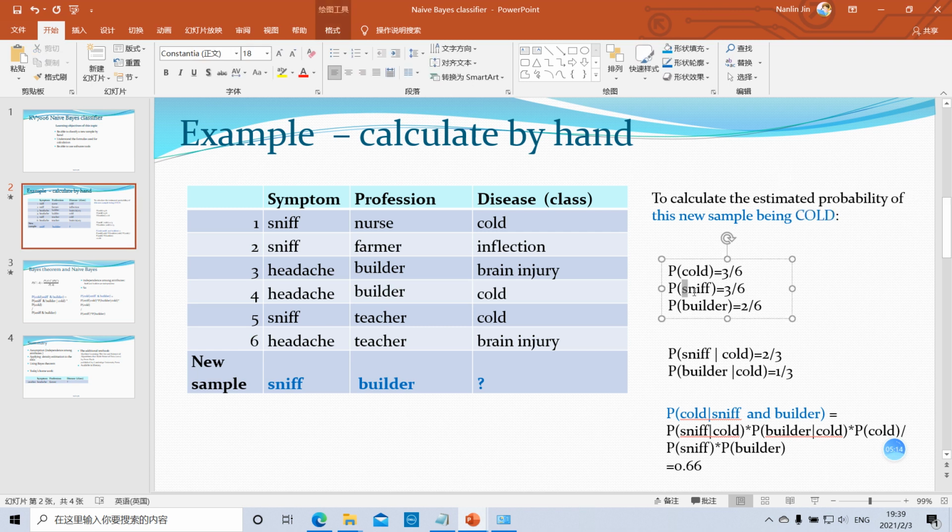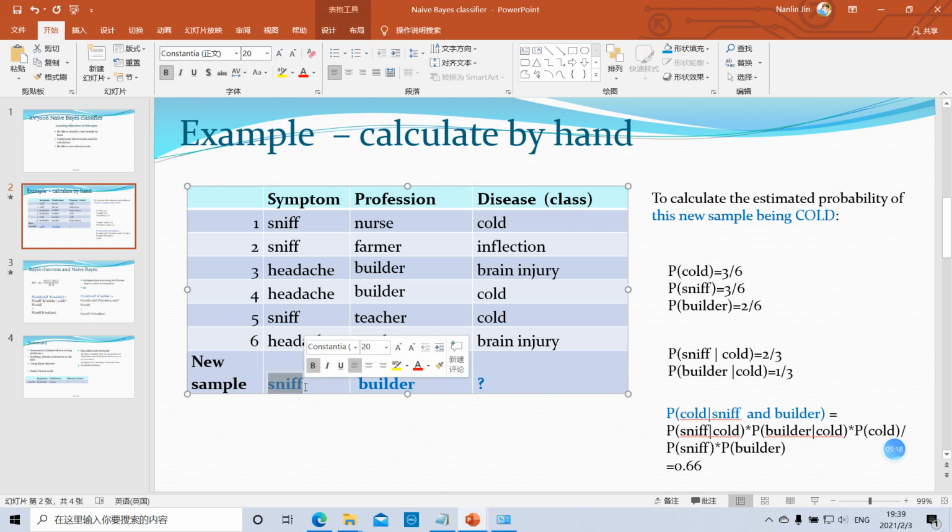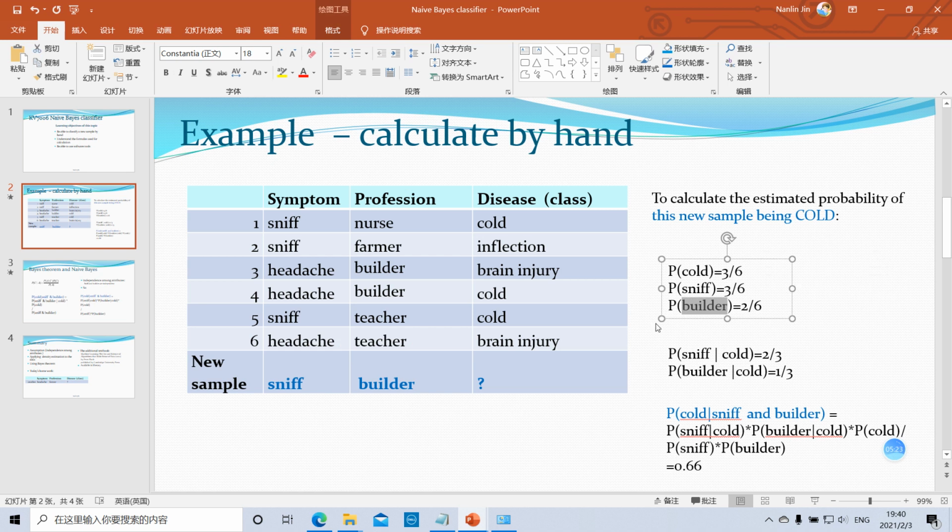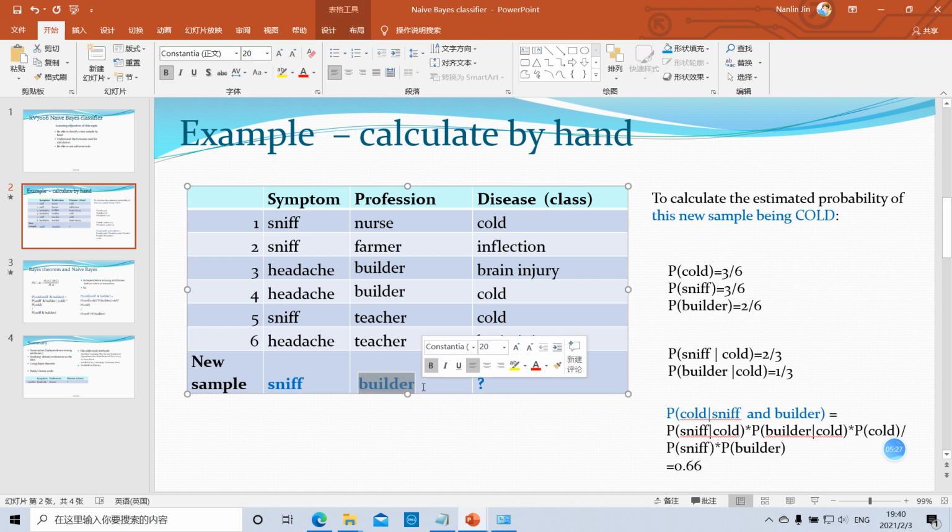We also calculate the probability of sniff, because this patient has this symptom. We also calculate the probability of builder, because this new patient has this value in his professional feature.